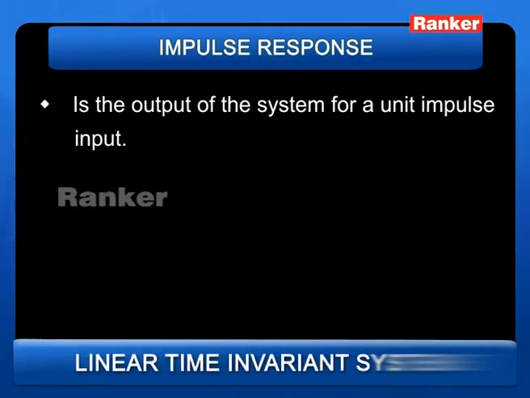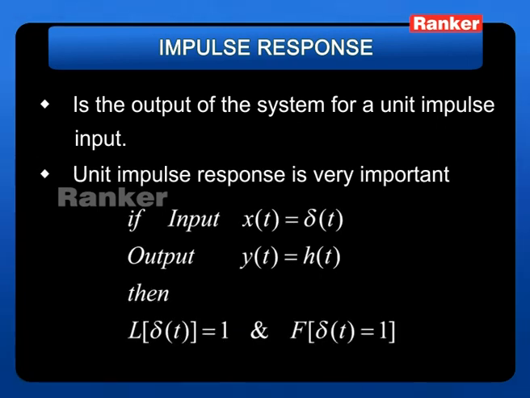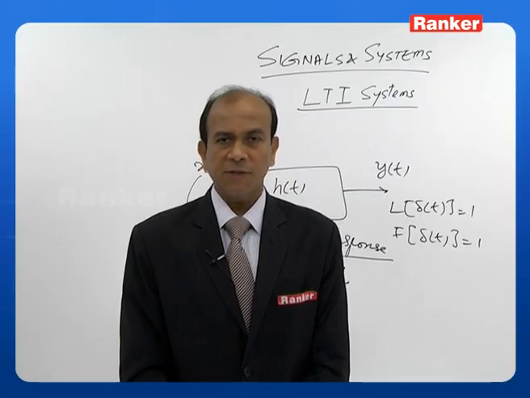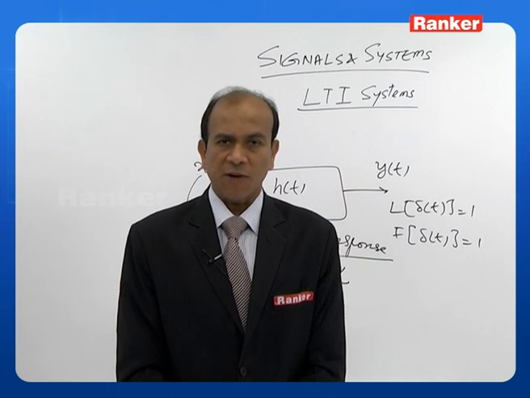So, let us see this impulse response, the output of the system for a unit impulse input. Unit impulse response is very important in the sense that if x of t is equal to delta of t, output y of t is equal to h of t. Then L of delta of t is equal to 1 and F of delta of t is equal to 1. So, that is how the system behaves when you apply an input which is a delta function.